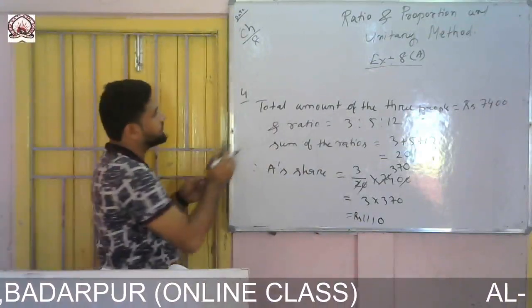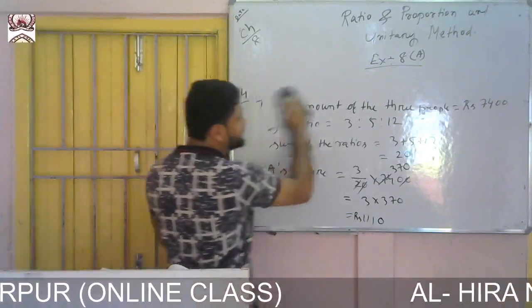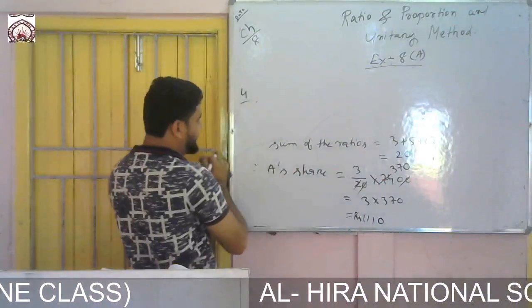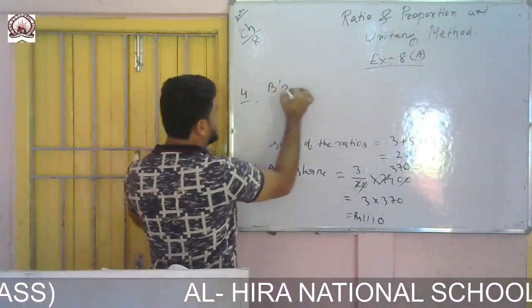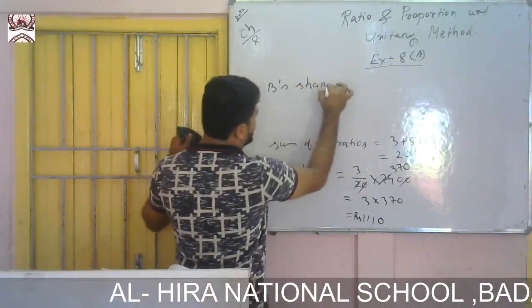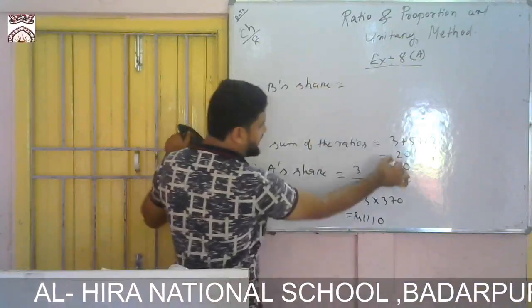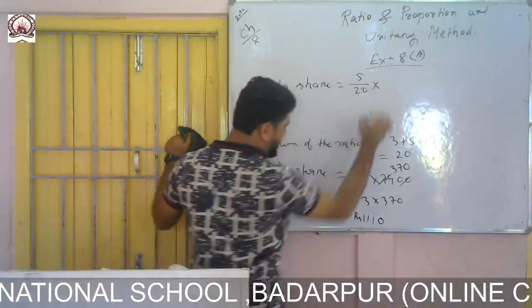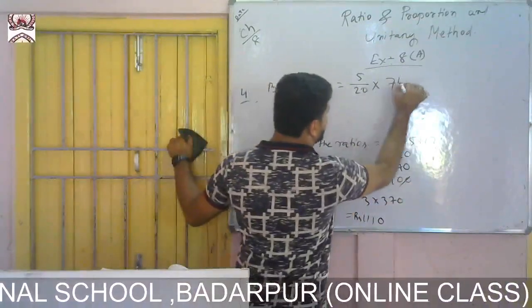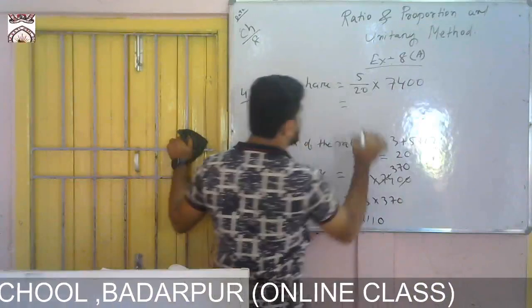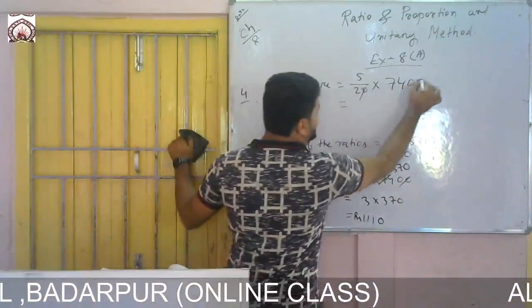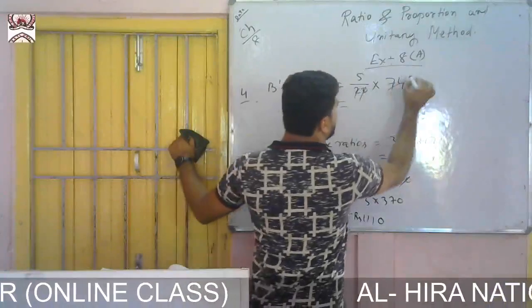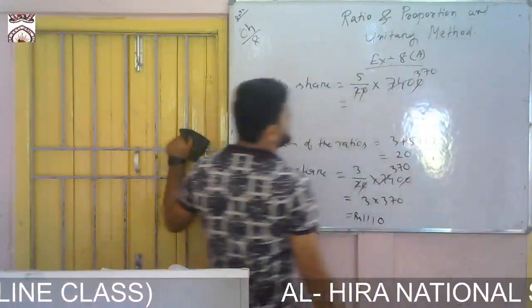Now you can find B's share. B's share will be 5 by 20 into 7400. So cut it, then we get 370.